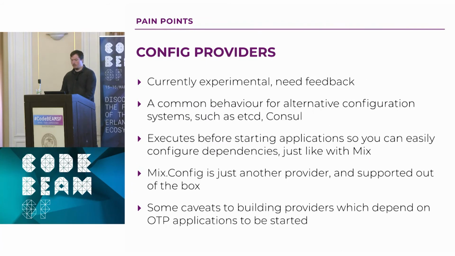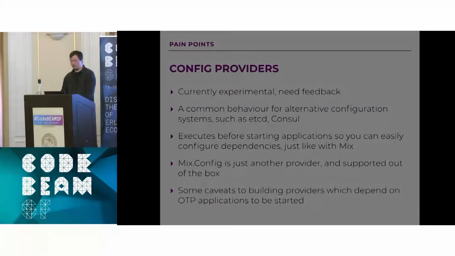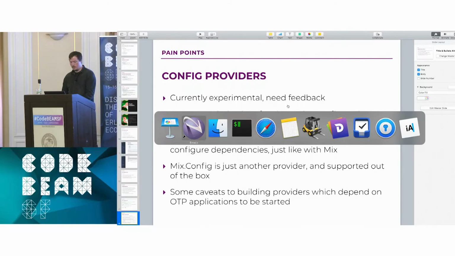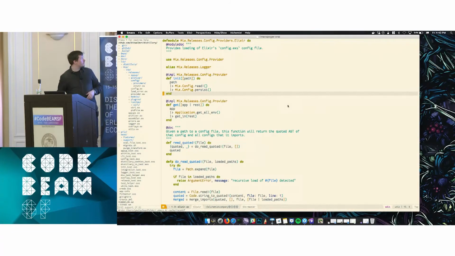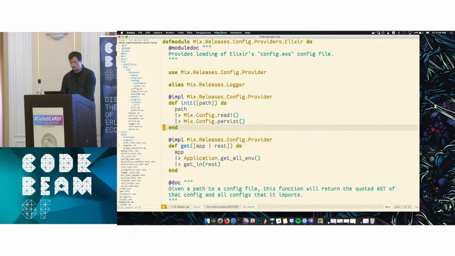If you want an example of how this actually looks in practice, this is the Elixir provider, basically. This init function is the thing that gets called during boot. And the single parameter it gets is just a list of whatever you want.